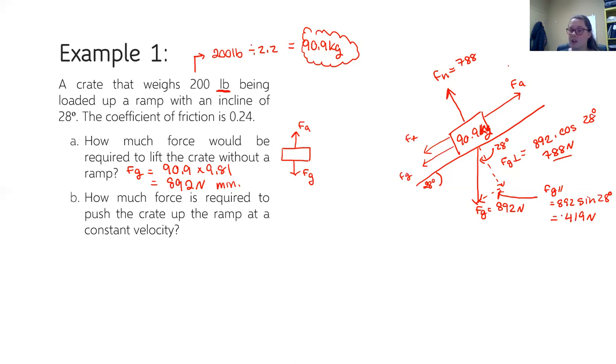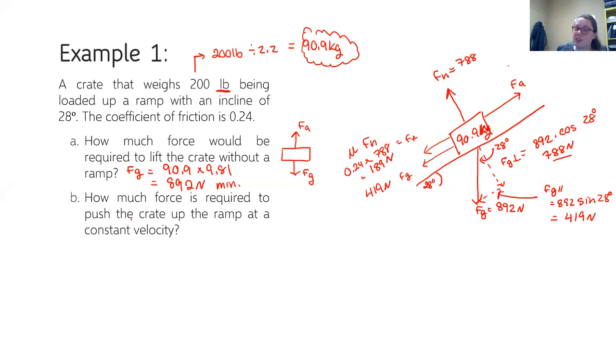We've already calculated that over here. This is 419 newtons. That's that component of gravity. Force of friction is going to be equal to mu Fn, which is equal to 0.24 times 788. Gives us a force equal to 189 newtons.